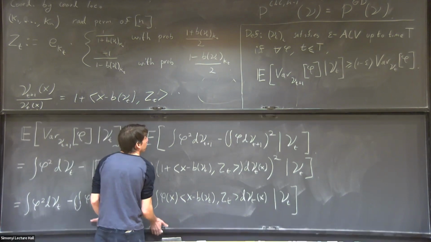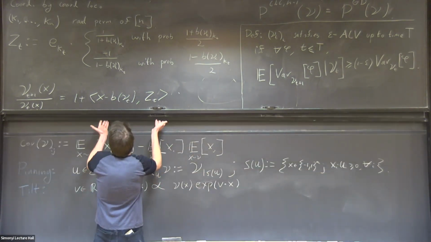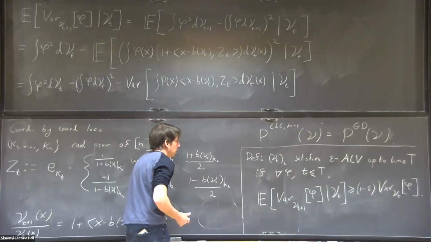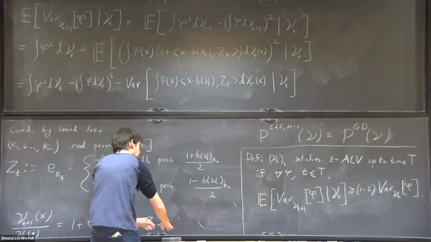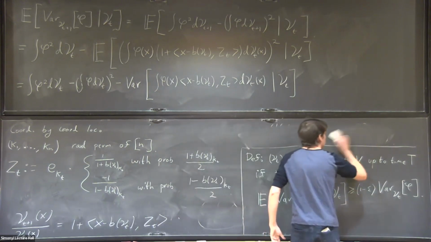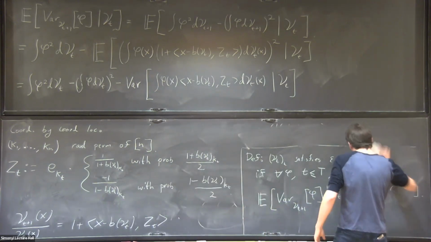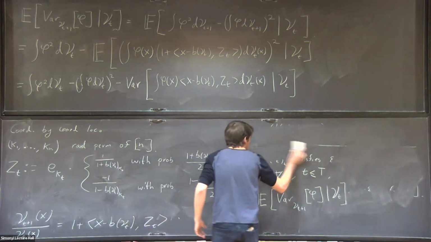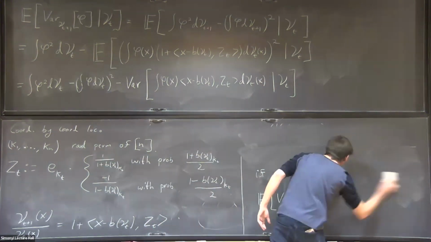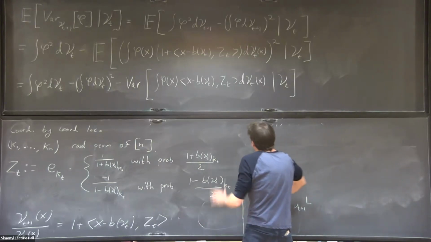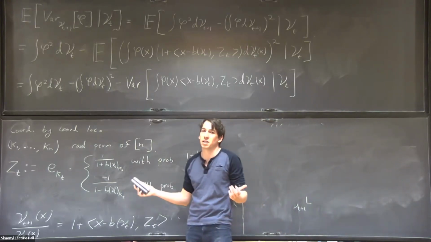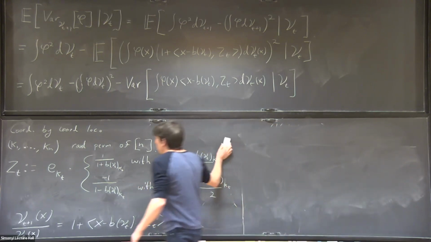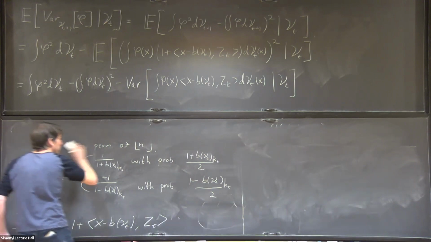I'm going to continue here because I don't want to erase this. Okay, I'm going to erase this because it's not going to matter so much. Note that this derivation so far has nothing to do with the coordinate by coordinate scheme. It's for any linear tilt localization. This will actually be useful.